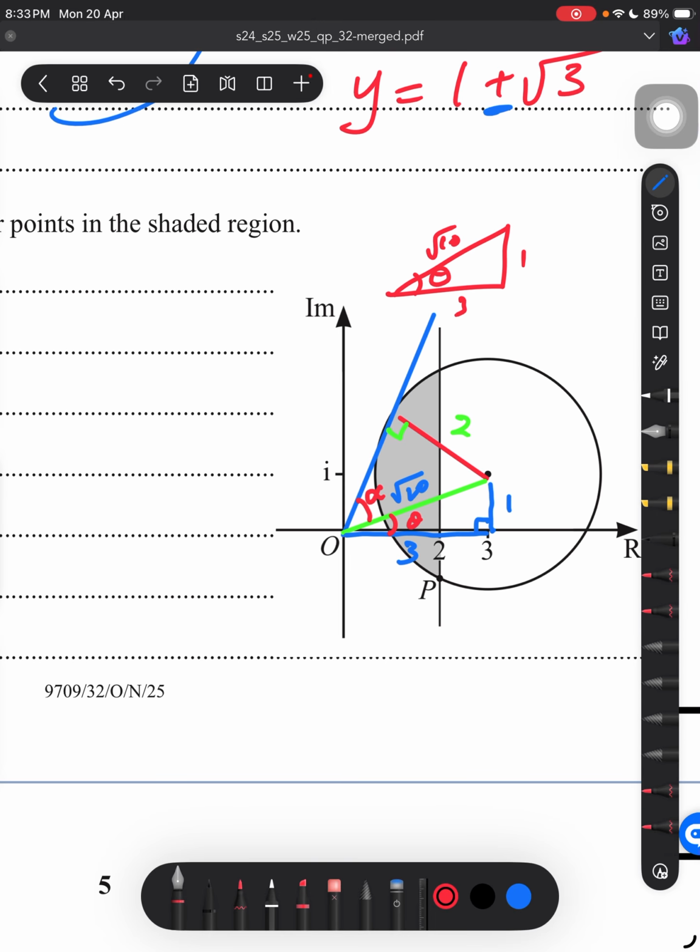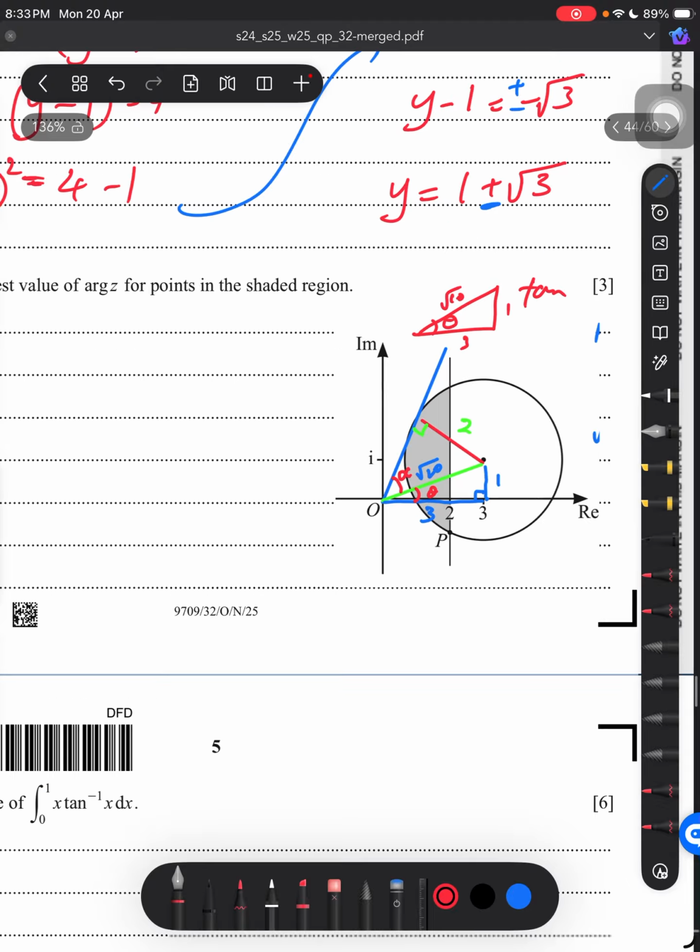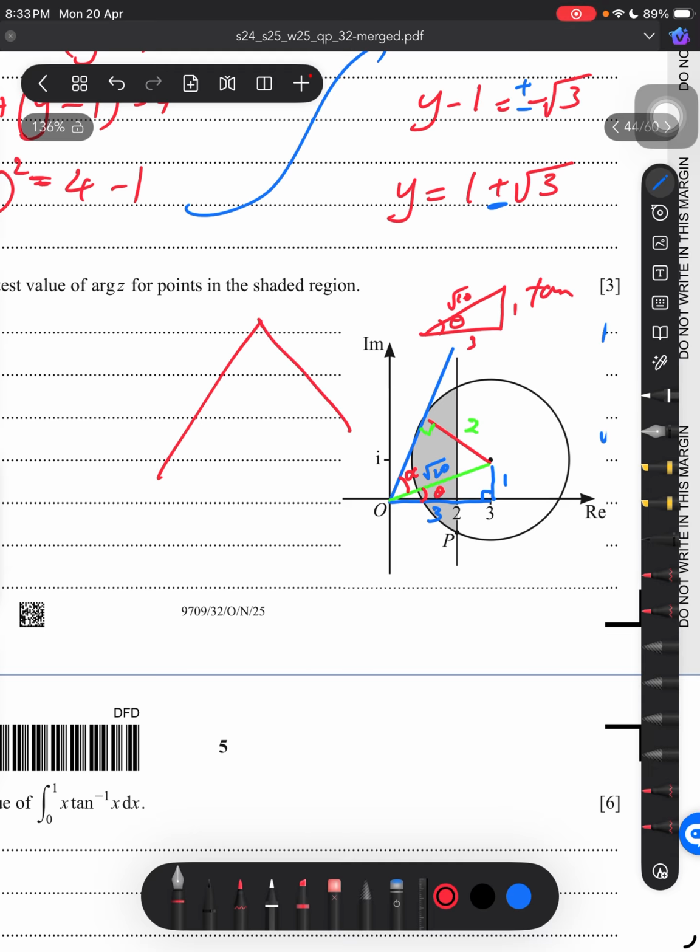Sine of this, no, that would be tan. And if we have another triangle, this one, that would be of alpha. So alpha would be, we have 2 here, and this was root 10, so this would turn out to be sine.